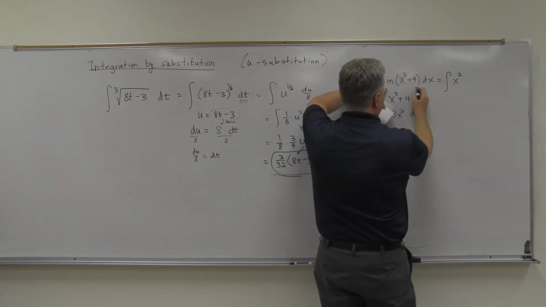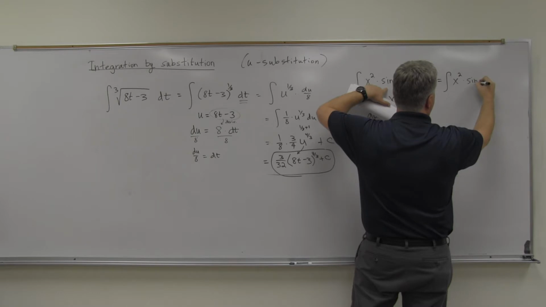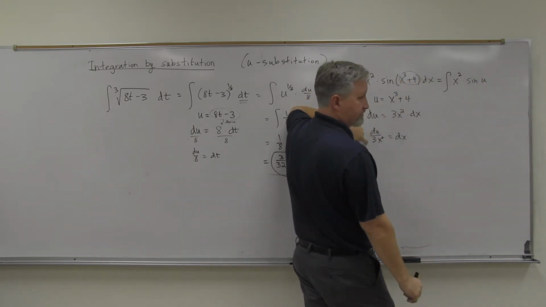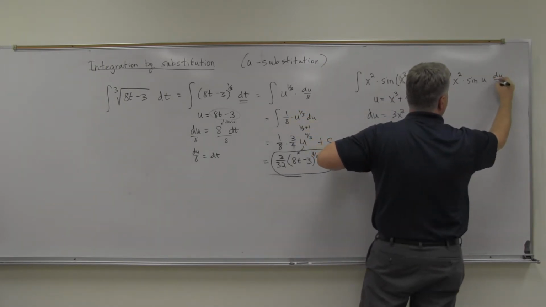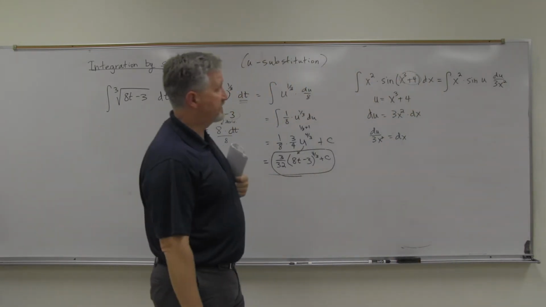Then that's what I assigned u to be, so that'd be now times sine of u. And then dx, well, that's what I solved for here, du over 3x squared.